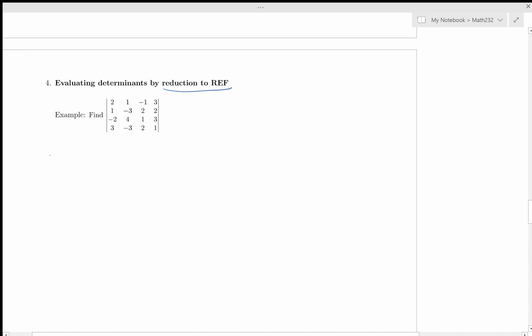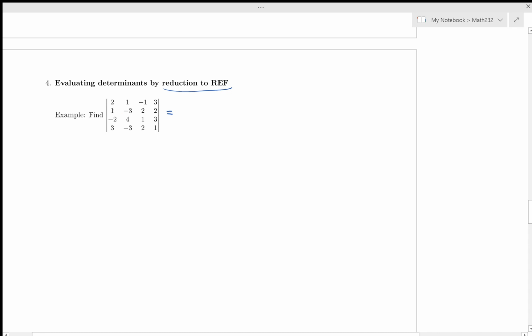Okay, so I'm trying to take the determinant of this, and the first thing I'm going to do, let me just do it right here. I'm taking the determinant, and when I do things that change the determinant, I'm going to keep track of those. But what I'm doing is the Gaussian elimination on the matrix.